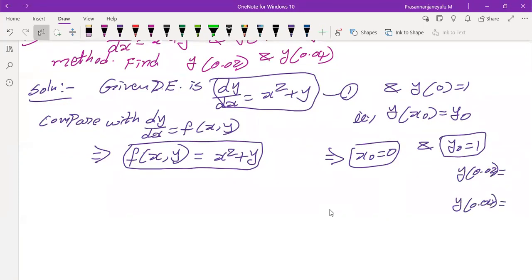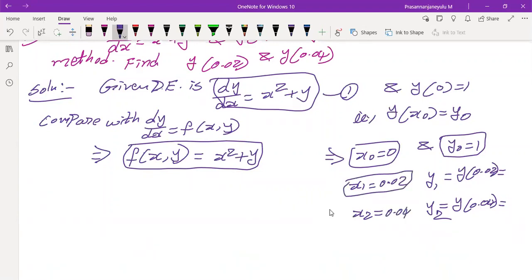We are going to take these as y1 and y2. y1 and y2 are the values at x1 and x2. What is the value of x1? 0.02. What is the value of x2? 0.04. So now we need to find our y1 value and y2 value.